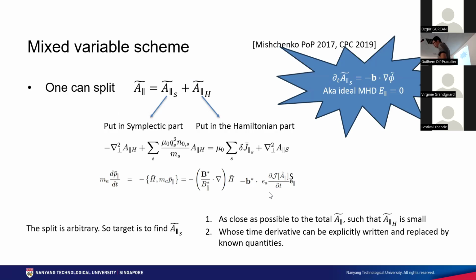So if we look at this equation with the time derivative here, you can basically replace that by B dot grad phi. Therefore, the time derivative of A parallel does not explicitly appear in the advection equation. So the problem is solved. There are a lot of other subtleties in this process numerically, but I'm just presenting the basic way that this can be done.